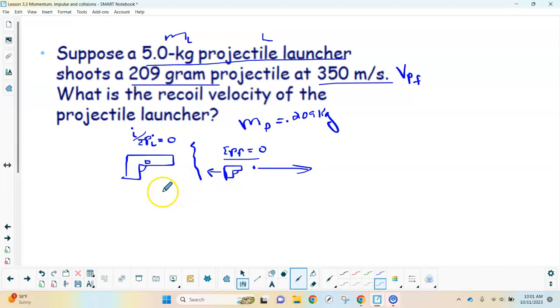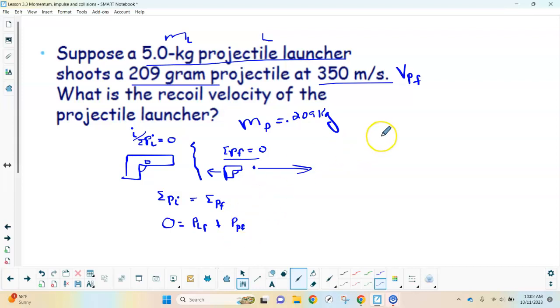So we're going to set up this conservation of momentum idea. The total momentum initial equals the total momentum final. You could just write total, but this sigma is a shorthand version of saying that. In the beginning, nothing's moving, so this is all just 0. At the end, we have 2 things moving: the momentum of the launcher final, and the momentum of the projectile final.